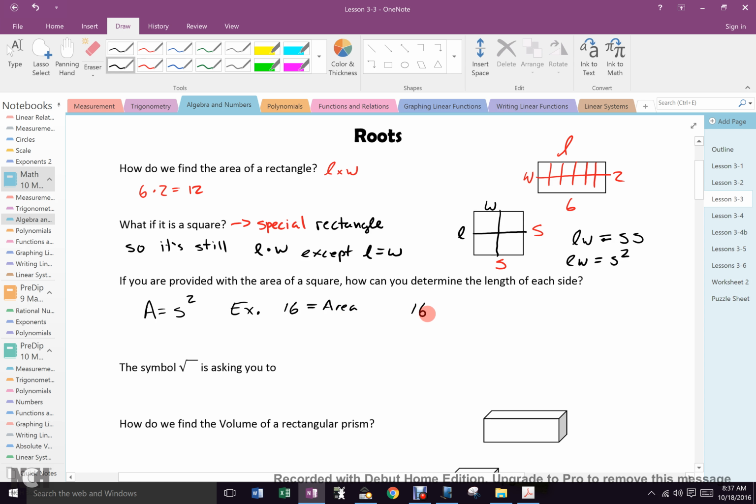You guys all can do algebra. 16 equals S squared. When you get to this point in algebra, is the S isolated right now? No, because it's squared. How do we isolate variables? We do the opposite operation, correct? So, if it's squared, obviously we need to square root both sides.